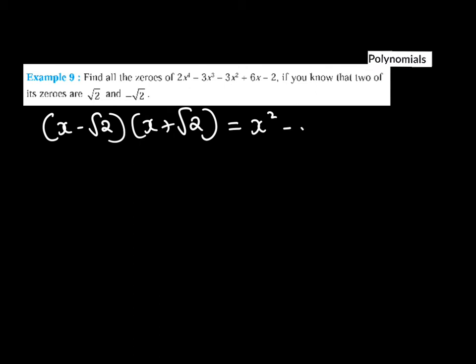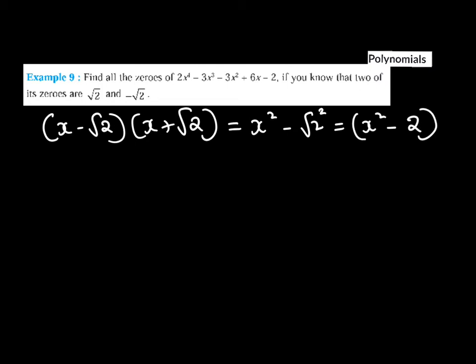If root 2 and negative root 2 are the zeros of the polynomial, the factors will be x minus root 2 and x plus root 2. And this is in the form a minus b, a plus b, which is nothing but x squared minus root 2 squared, which is x squared minus 2.